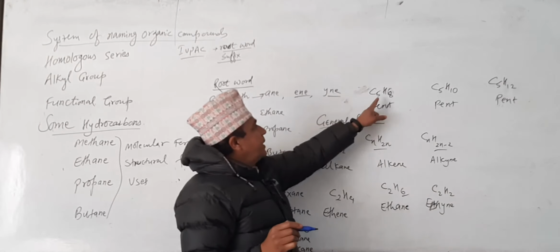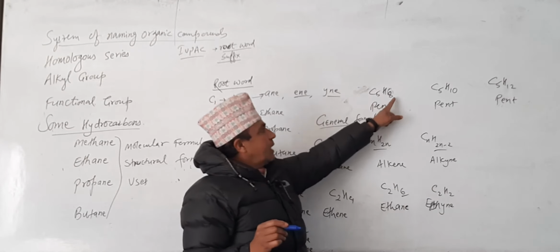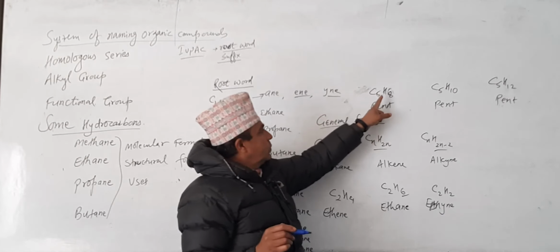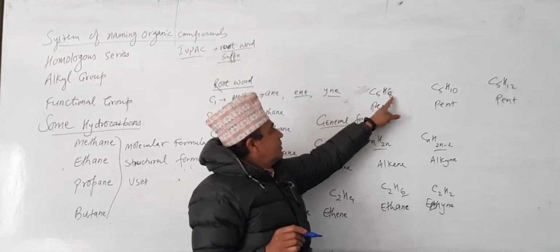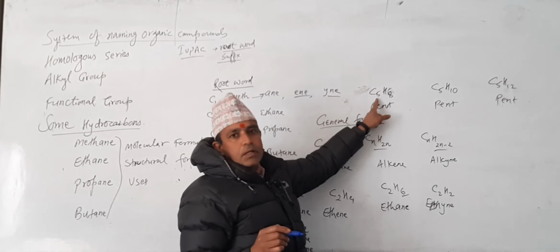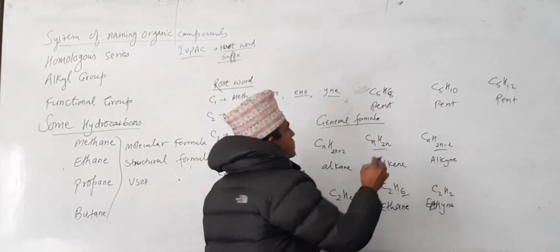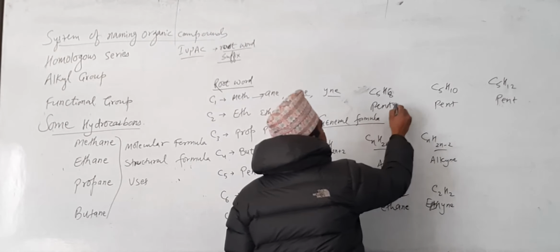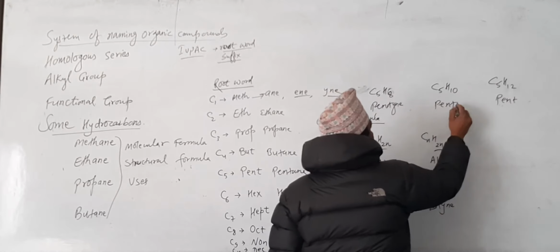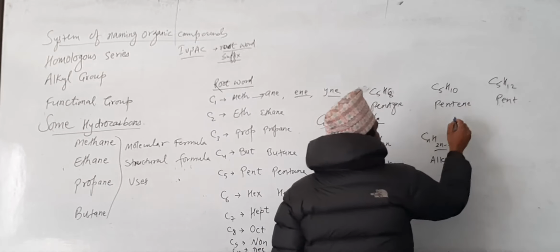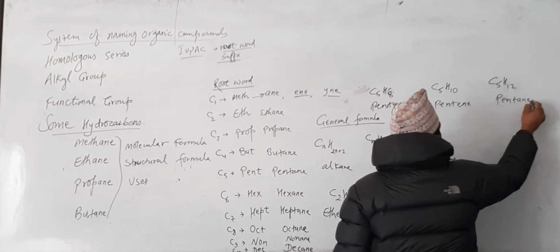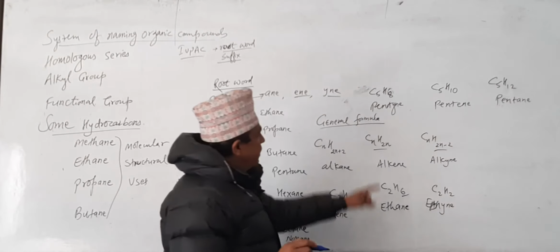Dear student, compare the number of carbon and hydrogen. There are 8 hydrogens and 5 carbons. So it is clear this number is less than double the number of carbon. So this is alkyne, pentyne. 5, 10, exactly double, ene, pentene. More than double of carbon, ane, pentane.